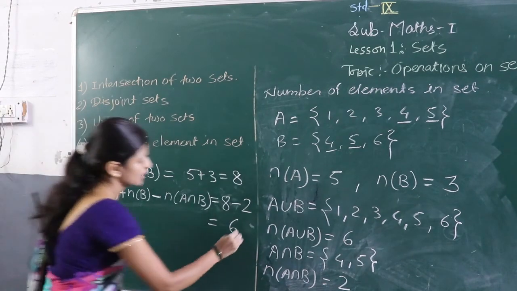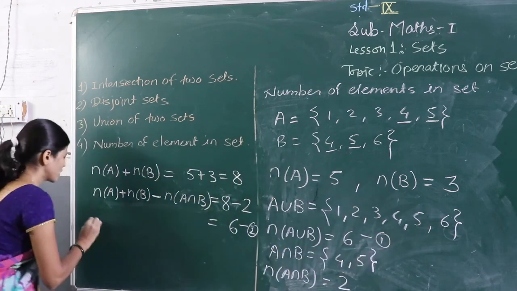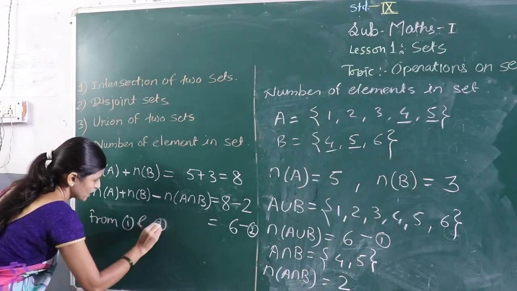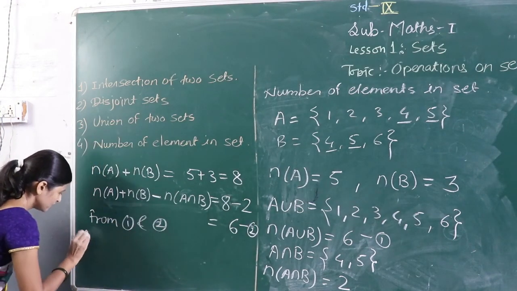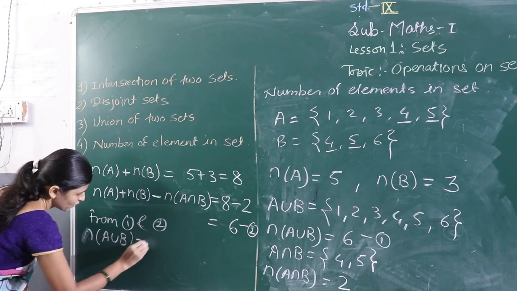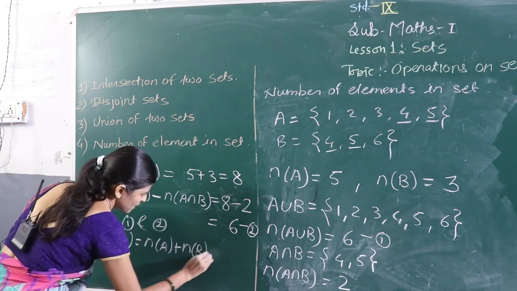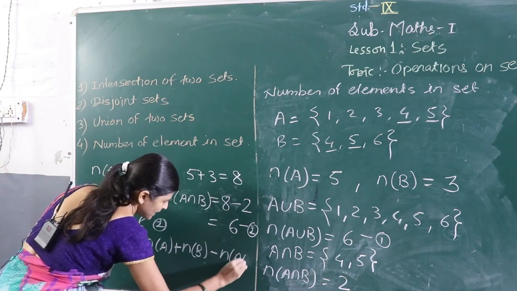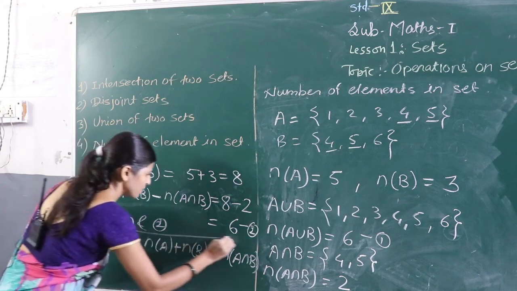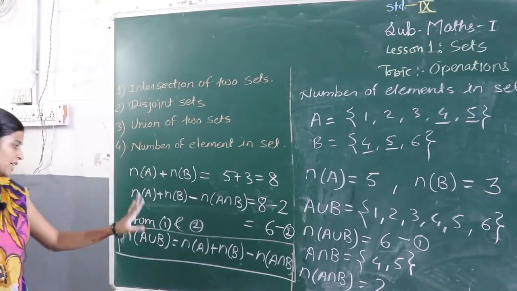So suppose this is equation 2 and this is equation 1. So from 1 and 2 what do we get? We get n of A union B equal to n of A plus n of B minus n of A intersection B. This is our formula for the number of elements in a given set.